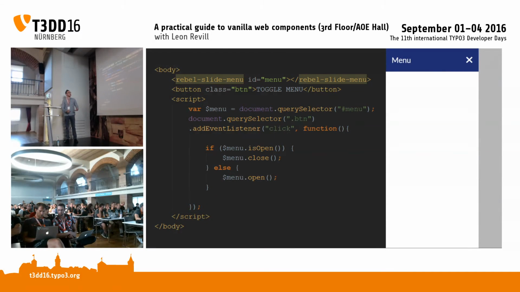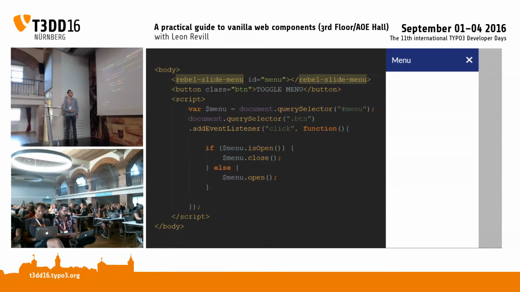So to actually use the interface that we've built for this component, we can select our component using its ID. Then when somebody clicks on the toggle button, just by adding an event listener and specifying click there, we can literally call those methods that we've created on our class. So remember the isOpen, close, and open methods we created. We can call those directly on the element we selected.